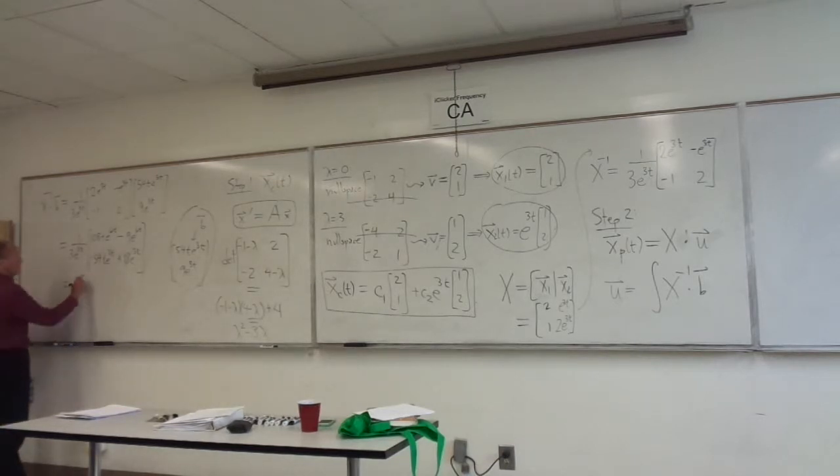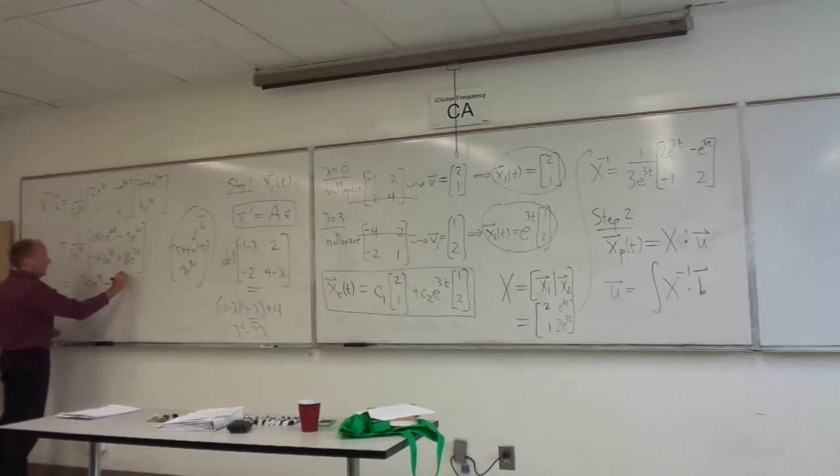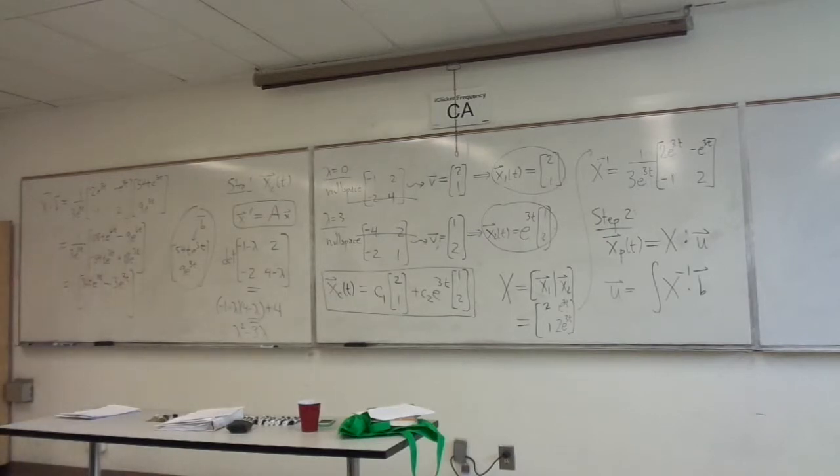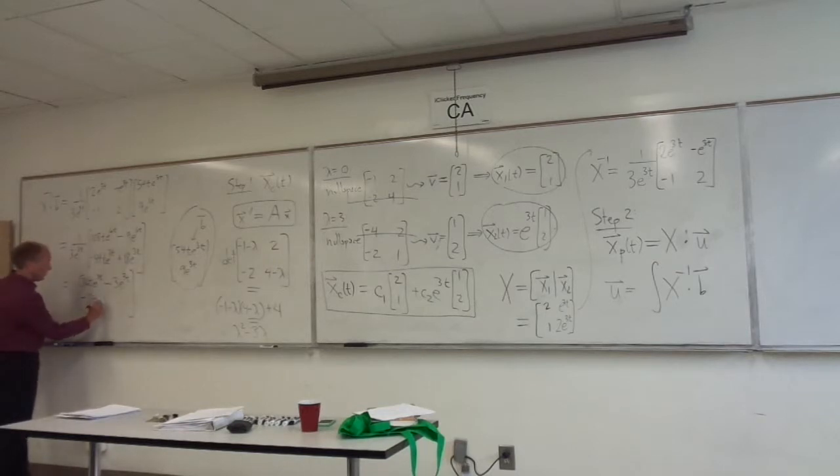So this becomes just 36t, and what is the exponential going to be? Yeah, you have e to the 6t being divided by e to the 3t, so you're going to get e to the 3t. And then 9 divided by 3, of course, is just 3, e to the 3t. Okay? On the bottom line, 54 divided by 3 is 18, so we're going to get negative 18t. And notice the exponentials cancel. E to the 3t divided by e to the 3t. Here, 18 divided by 3 is 6, so we're just going to get plus 6.